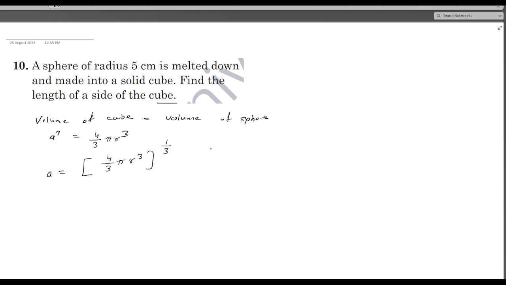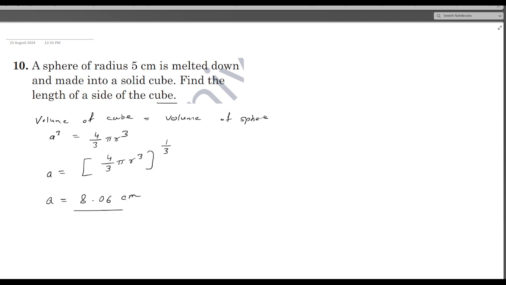This gives 8.0599, that is 8.06 centimeter, your answer for question number 10.